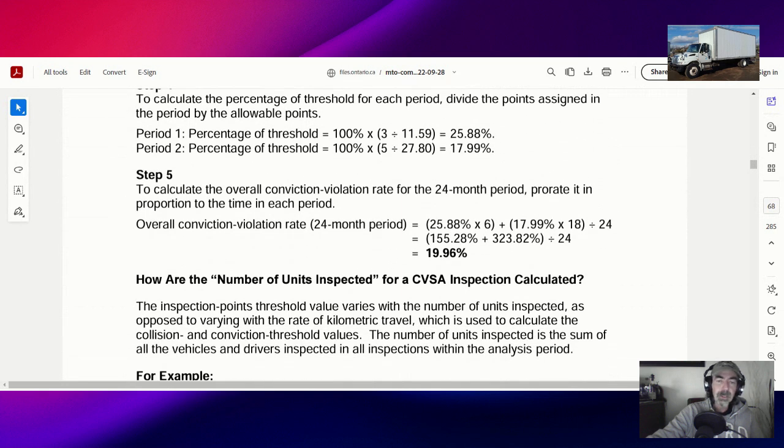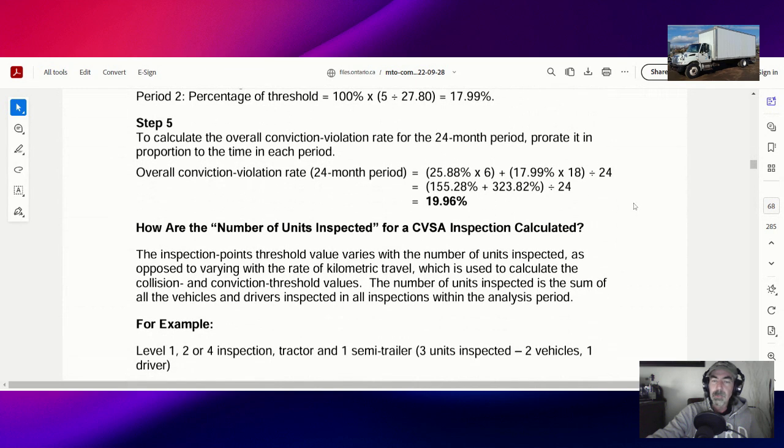Step 5, to calculate the overall conviction violation rate for the 24-month period, prorate in proportion to the time in each period. Overall conviction violation rate, 24-month period, (25.88% times 6) plus (17.99% times 18) divided by 24, which you arrive at a total of 19.96%.